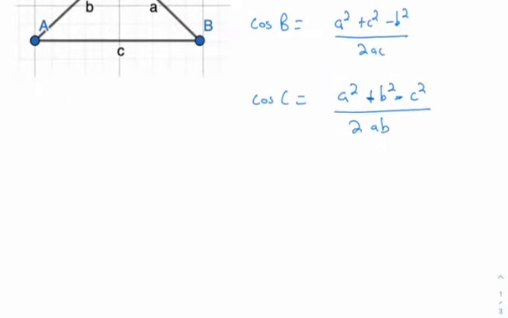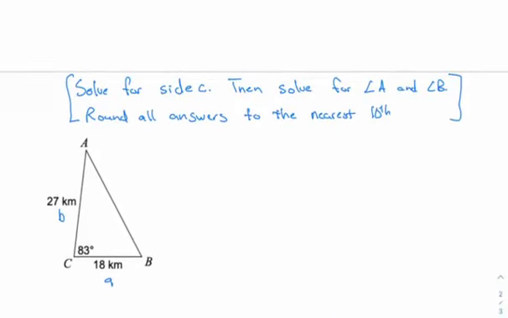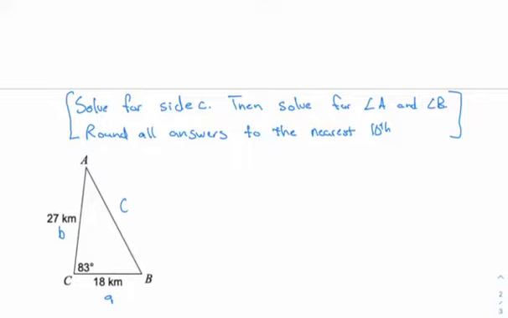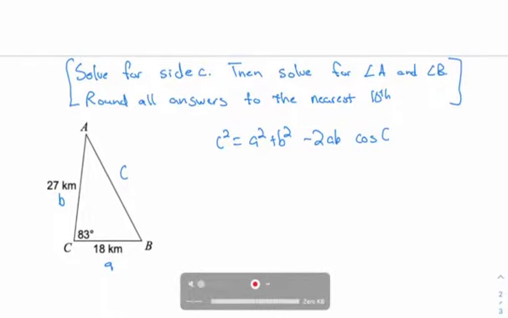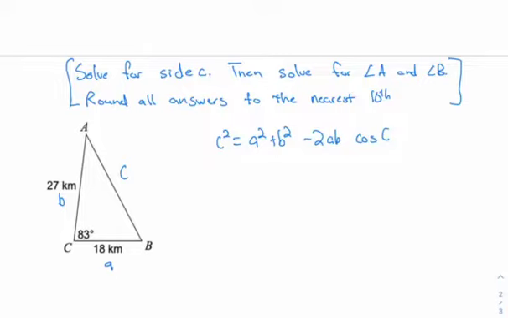So first and foremost, let's look at this triangle. We're asked to solve for side C, so that's going to be right out here. And I'm going to pick the formula which we need from the top. So that's c squared equals a squared plus b squared minus 2ab cosine of C. I think the way to go about this is we take a square root of both sides.